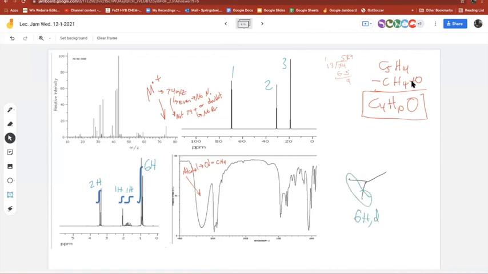And so right away, that already takes care of 1, 2, 3, 4 carbons. So now it's just, where do I put the alcohol? Do I put the alcohol here? Or do I put the alcohol here?